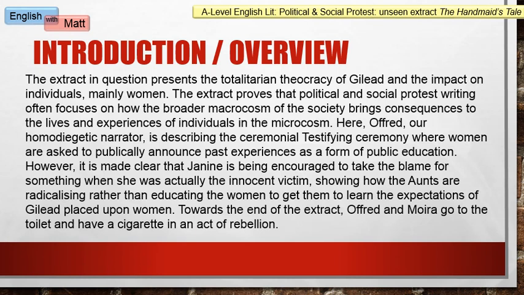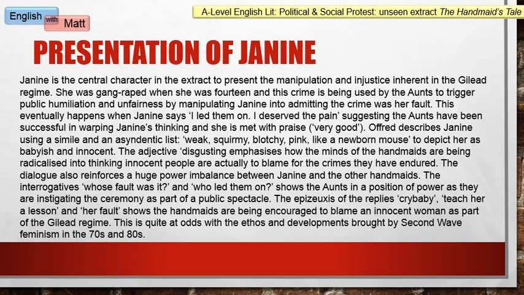The next paragraph is about JANINE and her interactions with the aunts. JANINE is the central character in the extract to present the manipulation and injustice inherent in the Gilead regime. She was gang raped when she was 14, and this crime is being used by the aunts to trigger public humiliation and unfairness by manipulating JANINE into admitting that the crime was her fault.